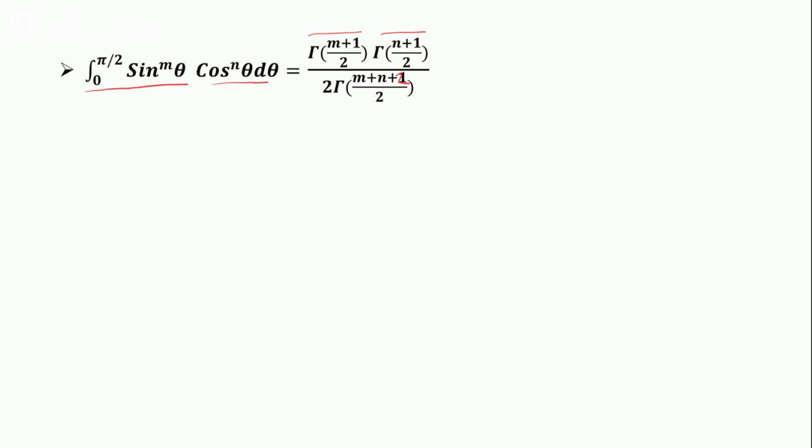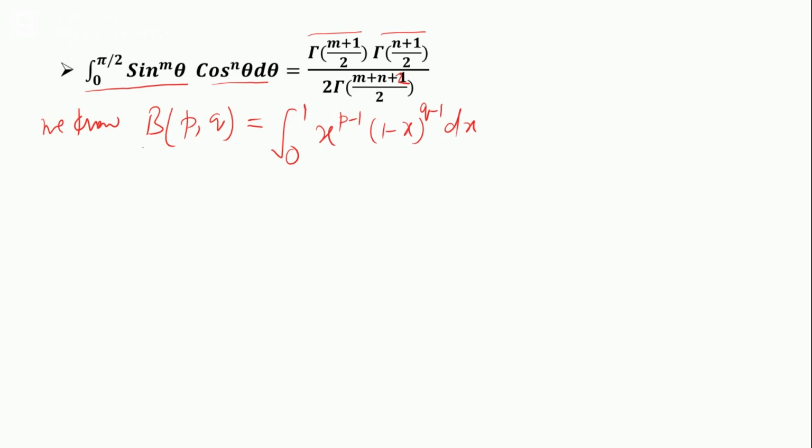So we just take, and we know the beta, suppose we take p and q, so we write the integral from 0 to 1 of x raised to power p minus 1 and 1 minus x raised to power q minus 1 dx.